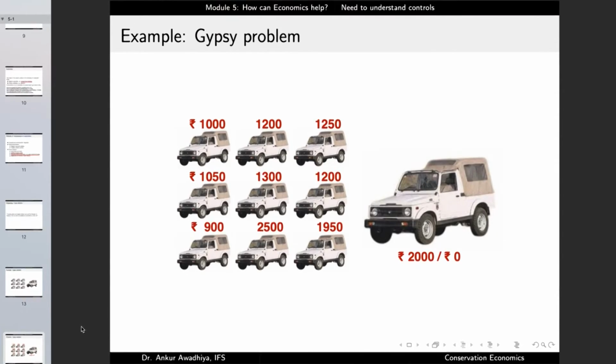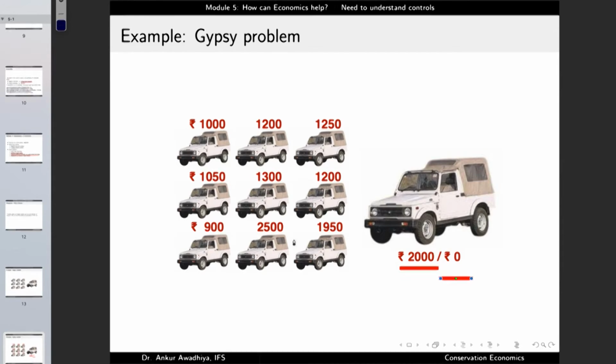What we are saying here is that there is this gypsy, and if this gypsy goes inside, the profit is 2000 rupees. If it does not go inside, it gets a profit of 0 rupees because it is not going inside. And different other gypsies have different levels of profits if they go inside.